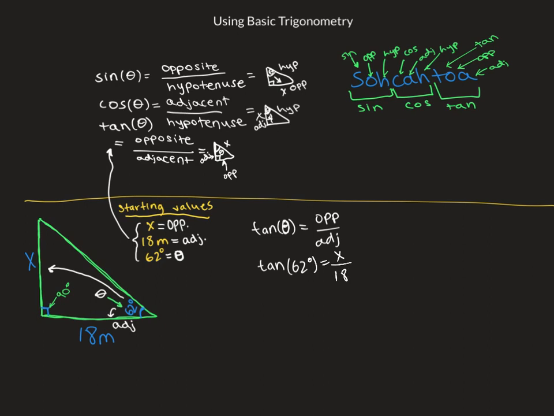And now what you would do is you would try to isolate x. So you would then isolate x, and you would multiply by 18 on both sides. So then you would get the equation of 18 tan 62 degrees is equal to x.